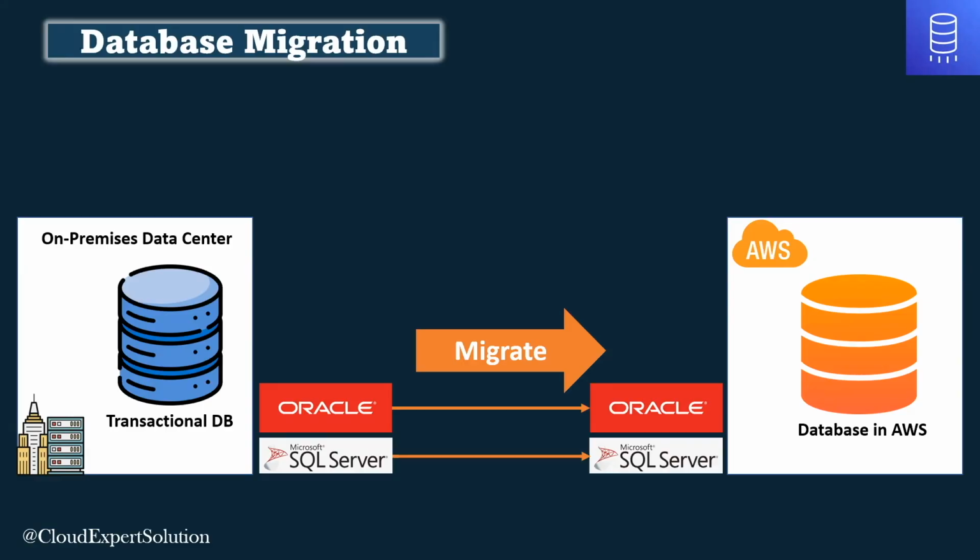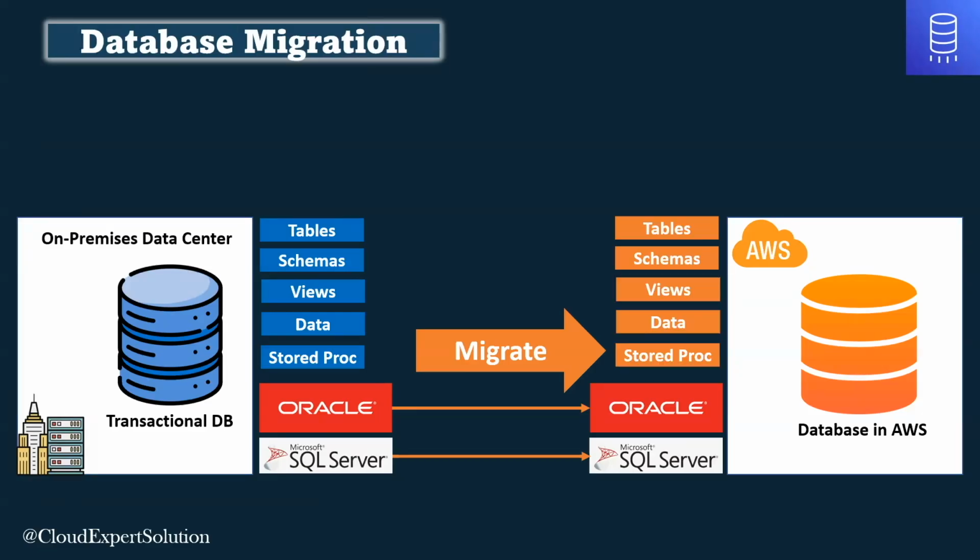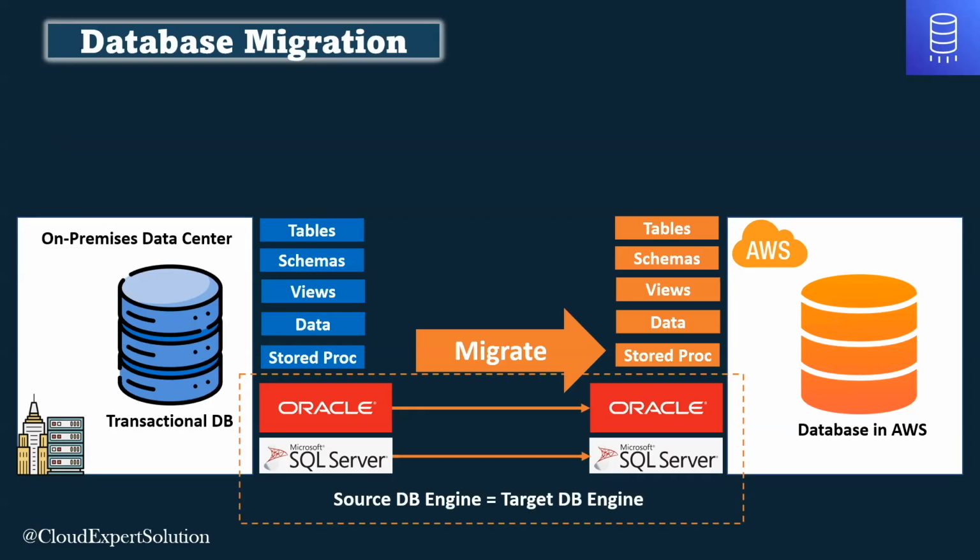That means whatever the tables, schemas, views, data, and the stored procedures you are having in on-premise data centers, you can migrate as is to your target database in AWS. In our case, our source database engine equals target database engine, and this type of migration is called homogeneous migration.